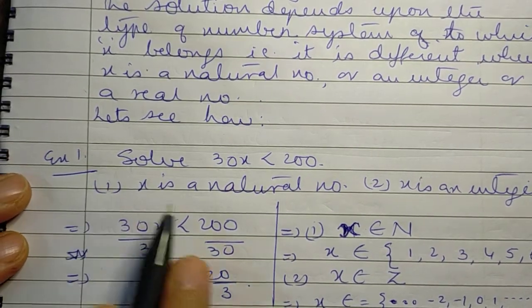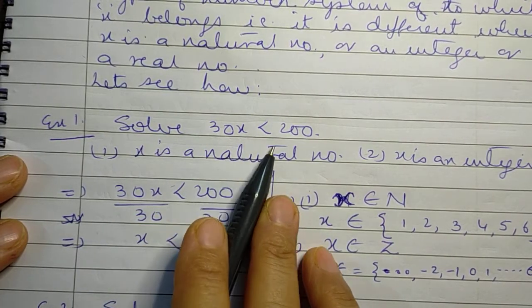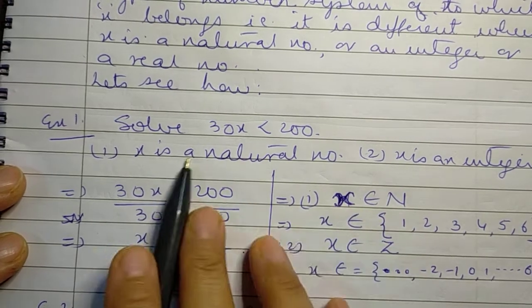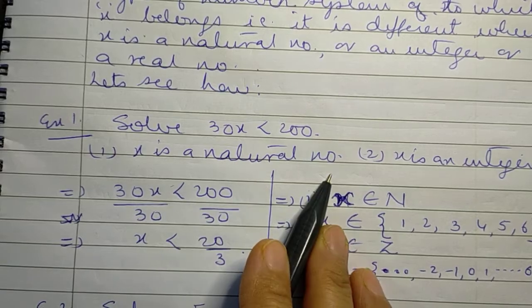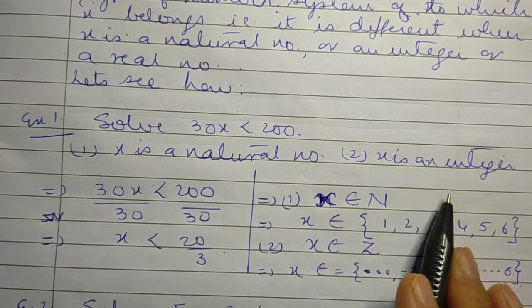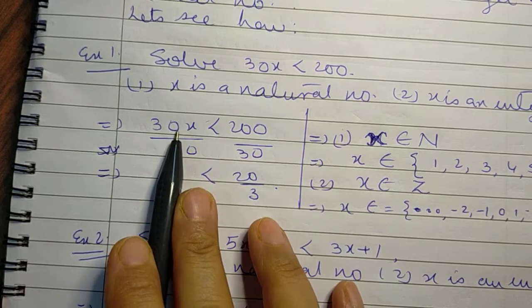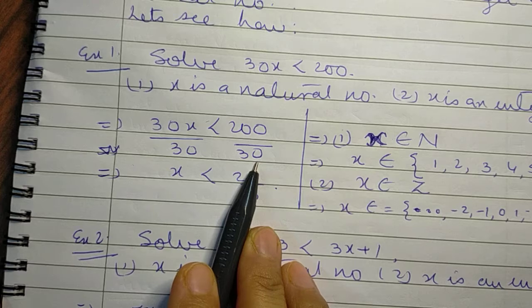So let's take an example. The same example, that is, we have to solve 30x < 200, and write the solution in two parts: one when x is a natural number and another when x is an integer. So let's start solving it. Clearly, you have to divide both sides by 30.